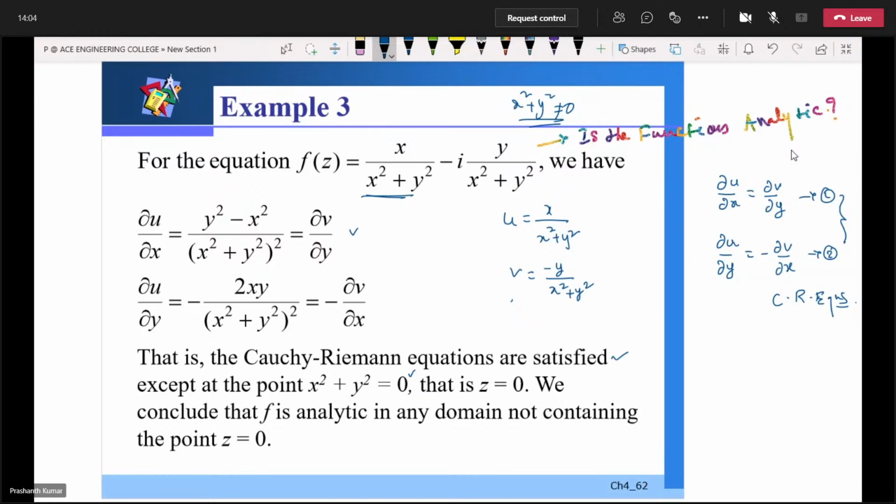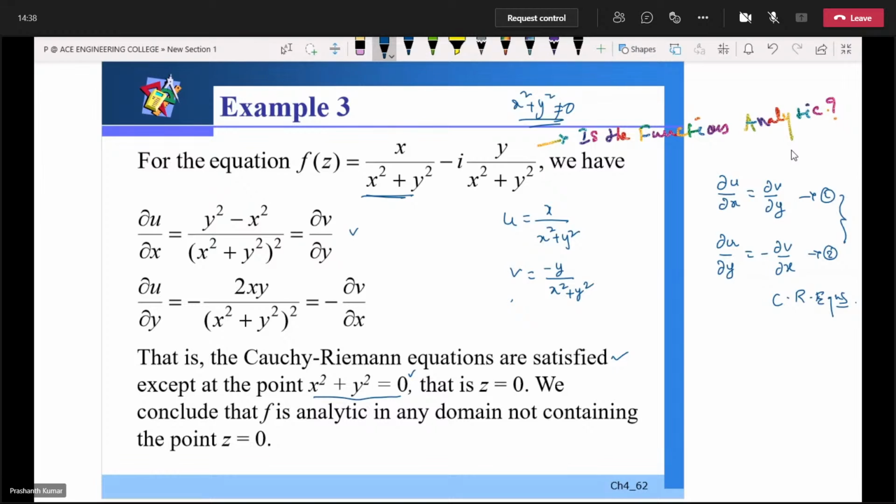Because mod z is equal to 0, you will get x square plus y square. So mod z is equal to 0 means z is equal to 0. So at this point the function is not defined and does not satisfy the condition of the CR equation.